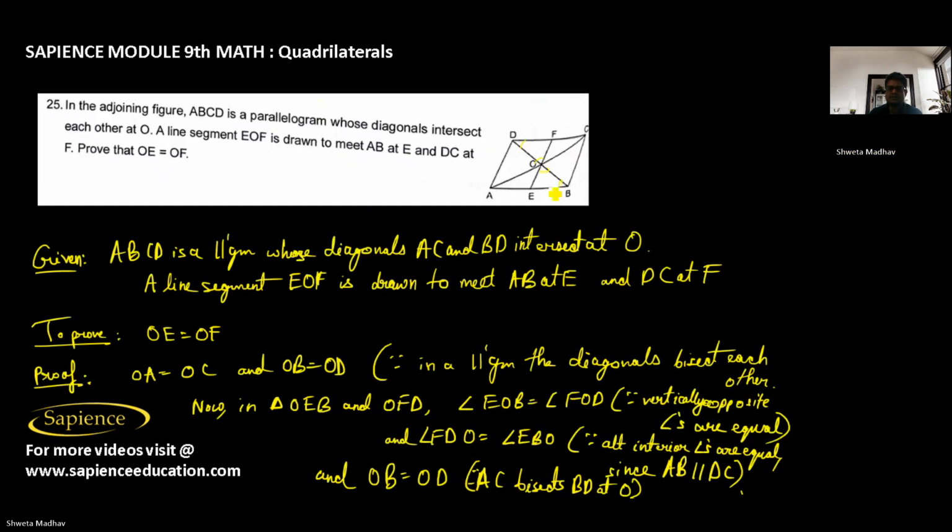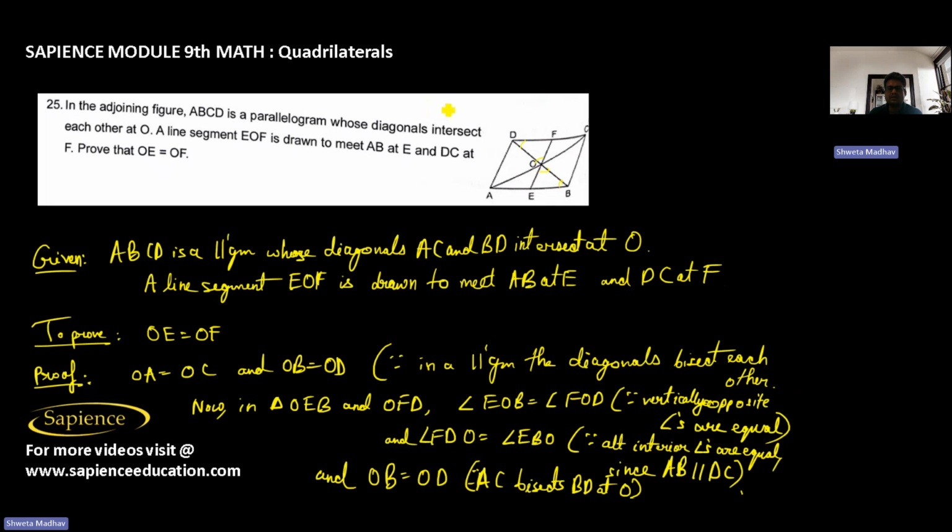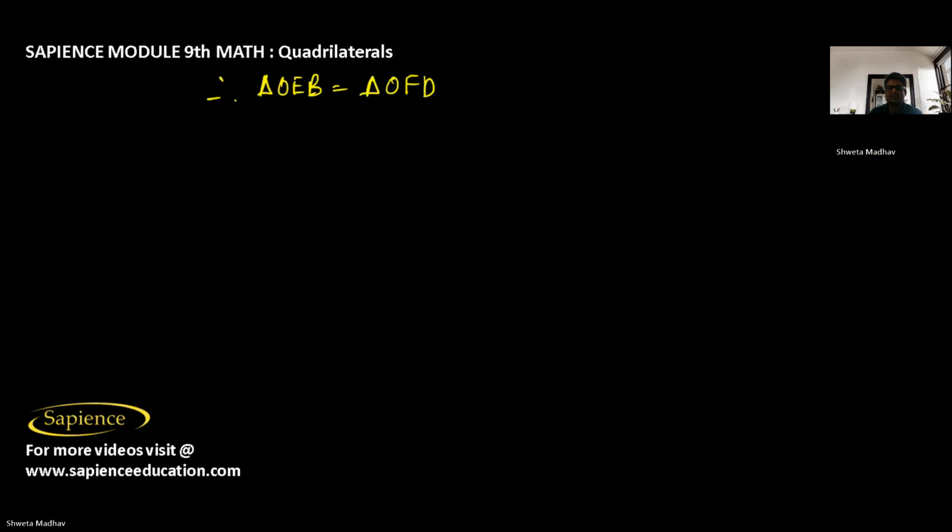So therefore, by the ASA rule, since this side is included, we have taken two angles and the included side. Therefore, I can say triangle OEB is congruent to triangle OFD by the ASA rule of congruency, the angle side angle rule.